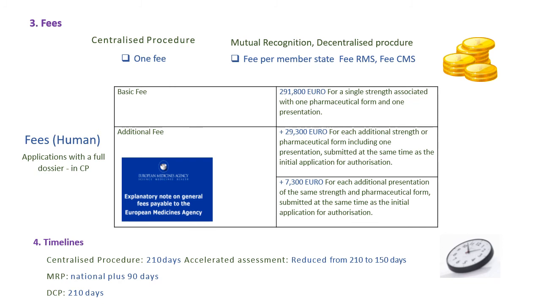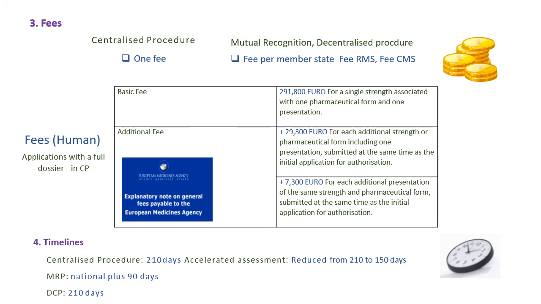The fourth strategy would be your timelines. The centralized procedure has a timeline of 210 days. There can be accelerated assessment, which reduces the number from 210 days to 150 days. Then mutual recognition has the national time.